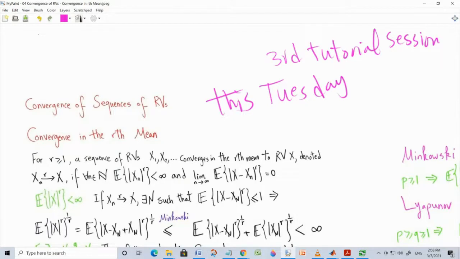So you use Cauchy-Schwarz, Jensen, Markov, Chebyshev, but we need more powerful inequalities to prove some results in convergence of random variables. So you will basically study those in the tutorial session, and we will build on them in the lectures.